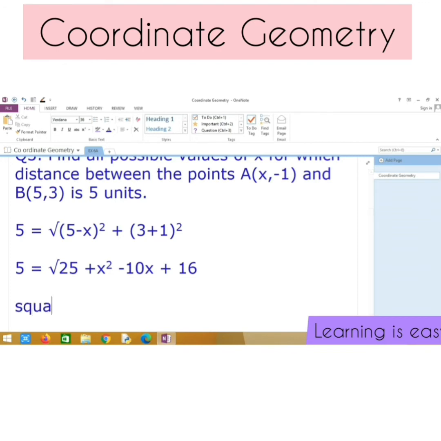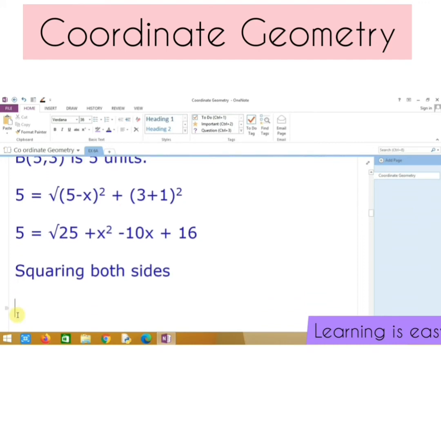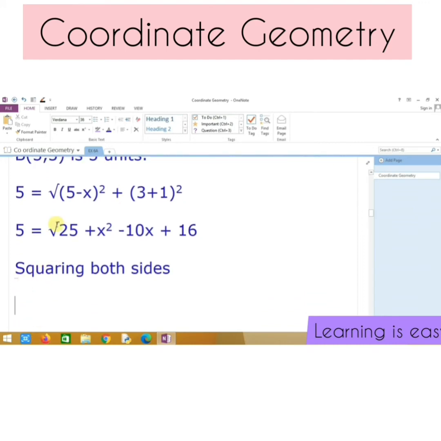So we can square both the sides to remove the square root. LHS is now 25. And RHS is going to be 25 plus 16 minus 10x plus x squared.